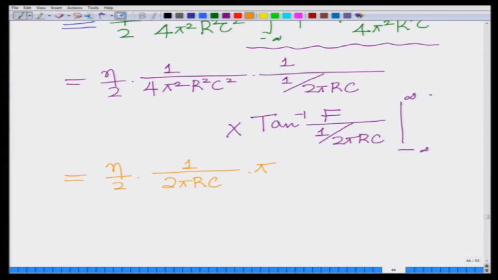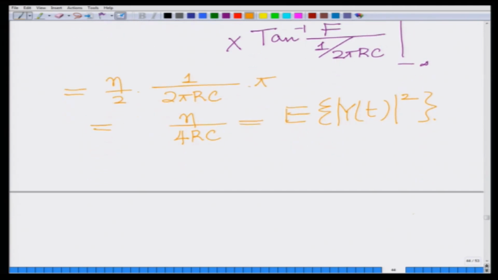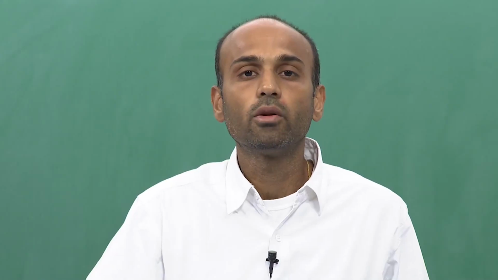So, that is equal to eta by 4 R C, and remember what is this quantity? This is your expected y square t, or expected magnitude of y square t, or this is basically the power in the Gaussian random process, that is expected value of magnitude y square t.